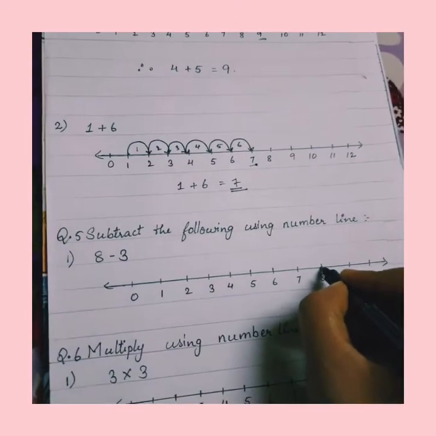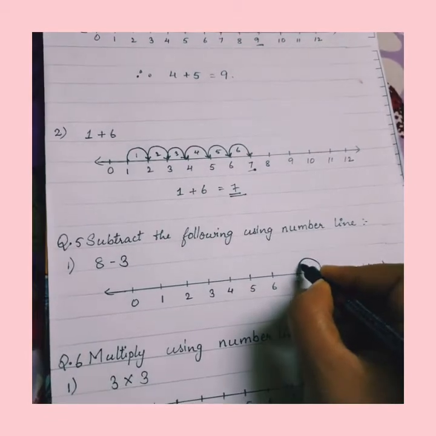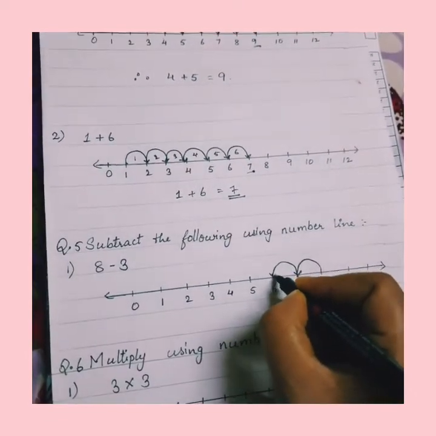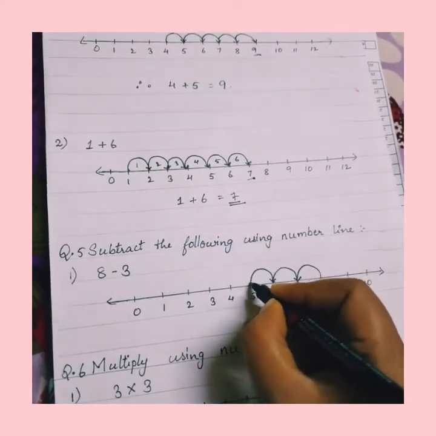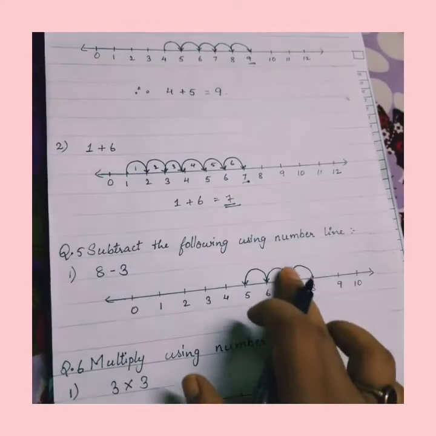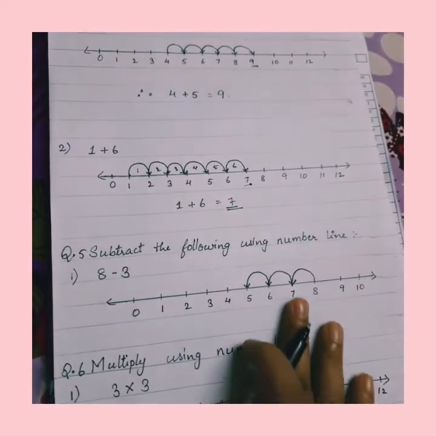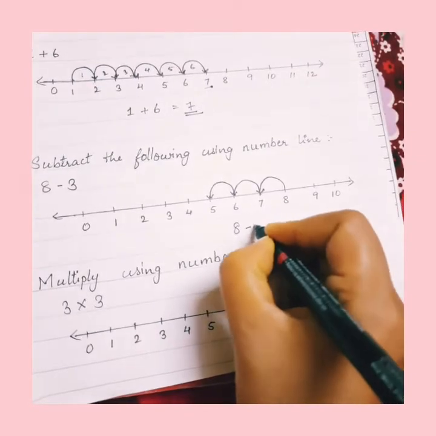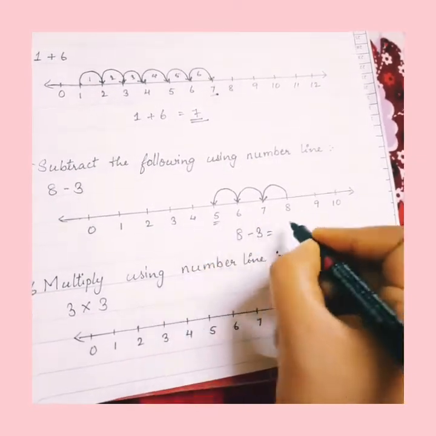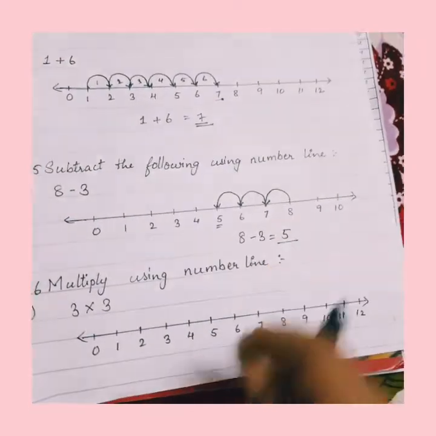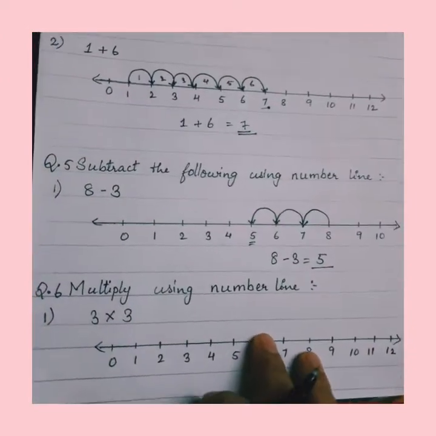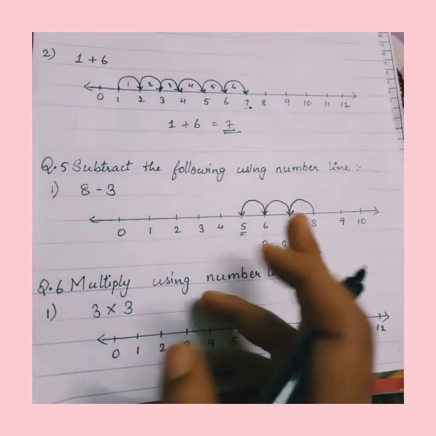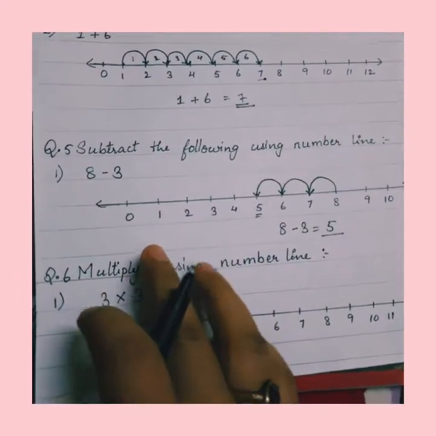That means I will start from 8 and move left 1 turn, 2 turn and 3 turn. 1, 2 and 3. That means 8 minus 3 gives me the answer 5. So this was subtraction. Similarly, you can do the other sums also.